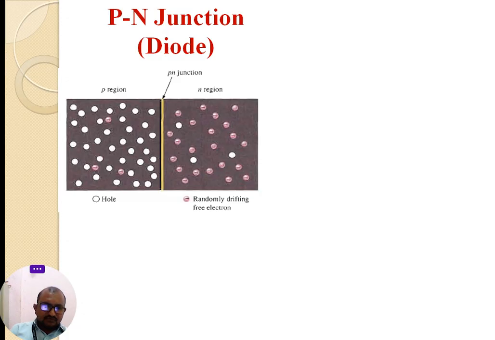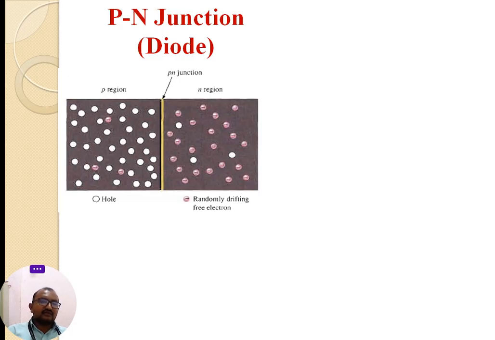Then the p-n junction. What is the p-n junction? When p-type material and n-type material are electrically combined together, it forms the p-n junction. In this figure, the p region contains a number of holes, and the n region contains a number of electrons randomly moving. This is called the p-n junction. The p-n junction is also called a diode. Why diode?